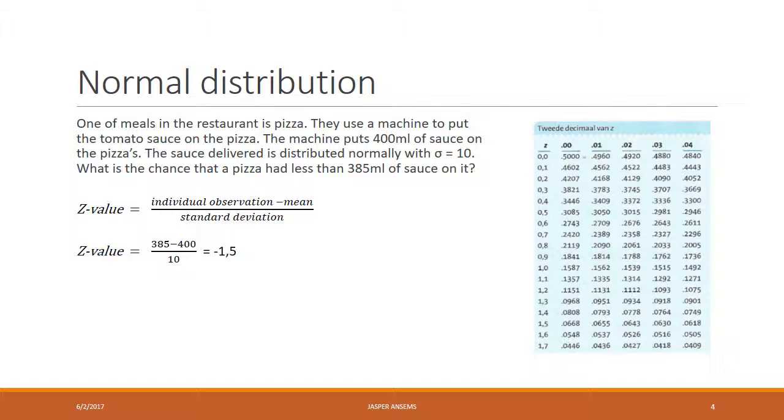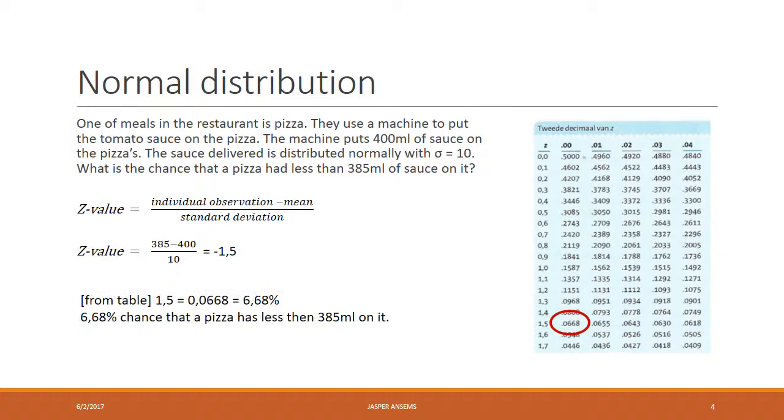So we need to find this minus 1.5 in the table on the right. If we go down a bit, we find that minus 1.5 is 0.00668. So from the table that is 6.68%. So there is a 6.68% chance that a pizza has less than 385 milliliters on it.